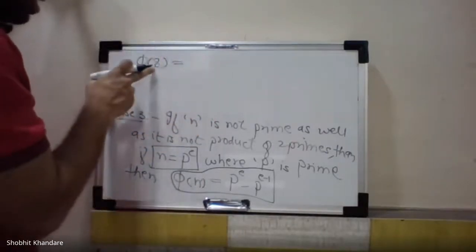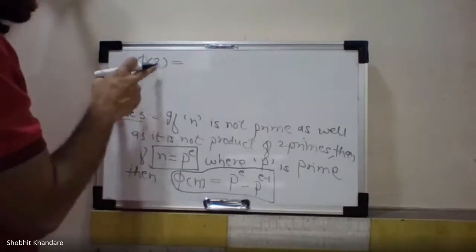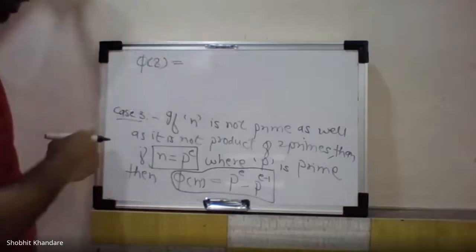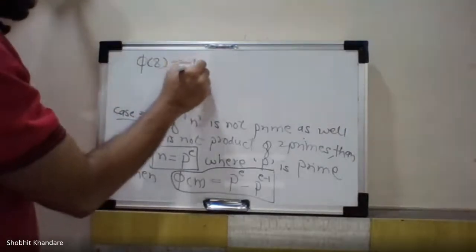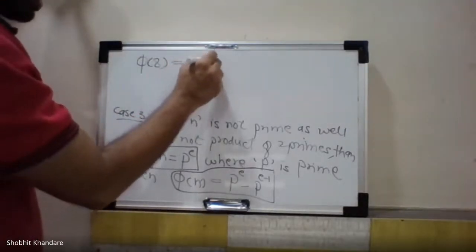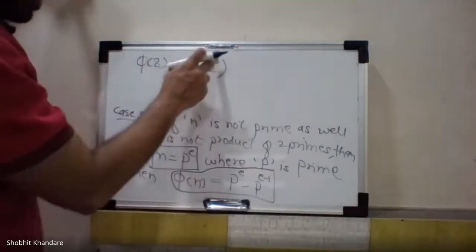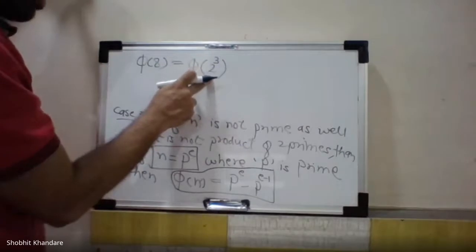In such a case, you have to represent this 8 in the form of a prime to the power of something. So I can write phi of 8 is equal to phi of 2 to the power of 3. So can I say 2 is a prime number? Yes.